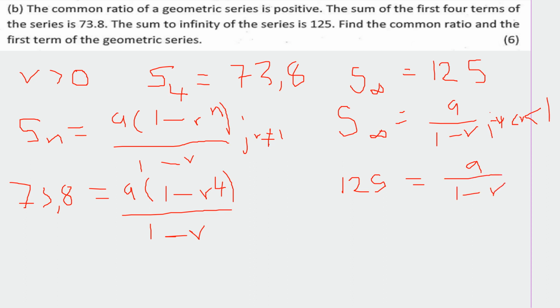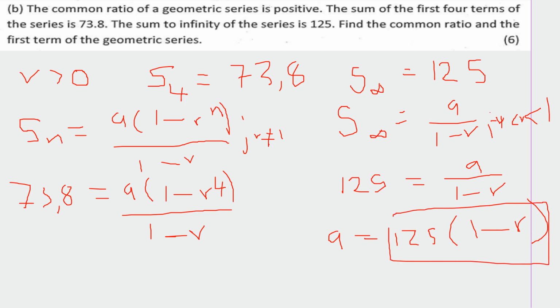So when we simplify here, we make a the subject of the formula so that we can substitute this a into this equation. This side is easier. Then you say a, when you cross multiply, will be 125 multiplied by 1 minus r. And then you substitute this in place of a on this equation.